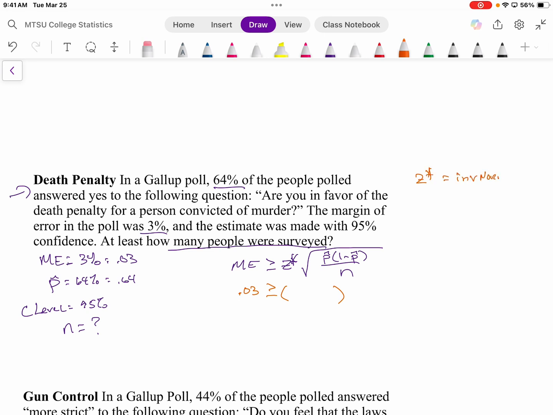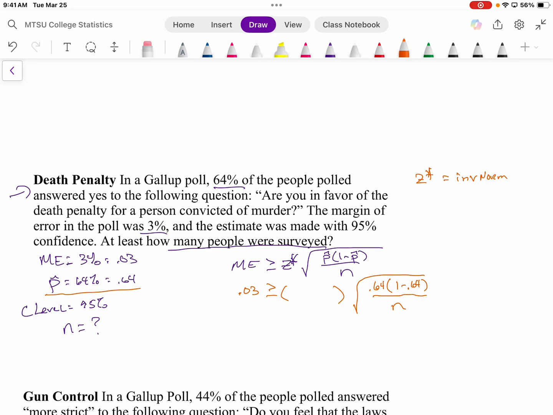Now, the square root part. They tell me, based off of a previous poll, a pilot study, p-hat was 64%, so I get to use that. If they didn't say that, then I would do 50%. And then now the only letter that's left in the problem is the letter N.